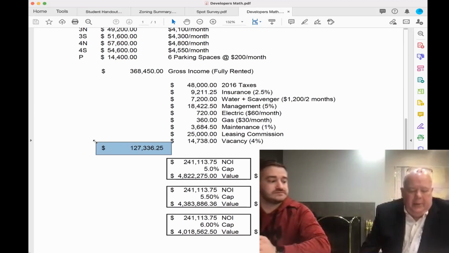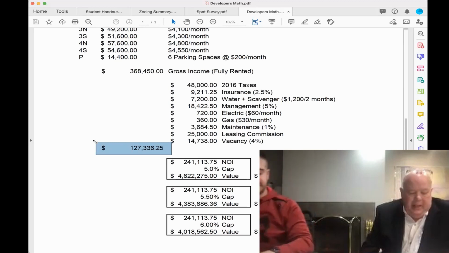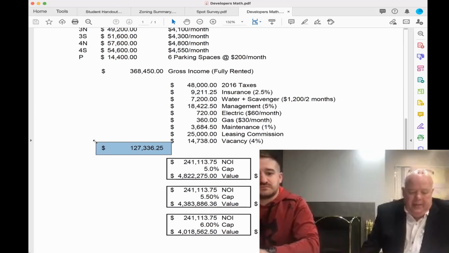Hold on, I'm going to throw out a question here. We know that he built this thing for $3,697,000 with the land acquisition. And we know that his net income is $241,113. What cap rate did he develop this building to? What cap rate did this developer develop the property to after spending $3.6 million?